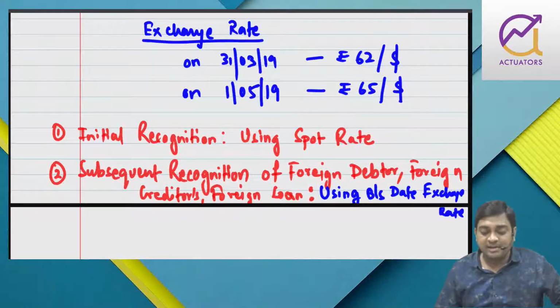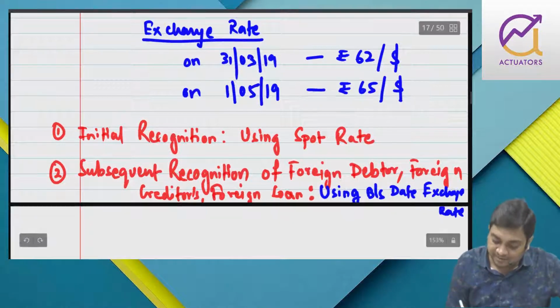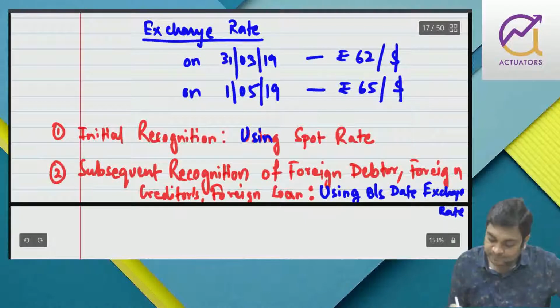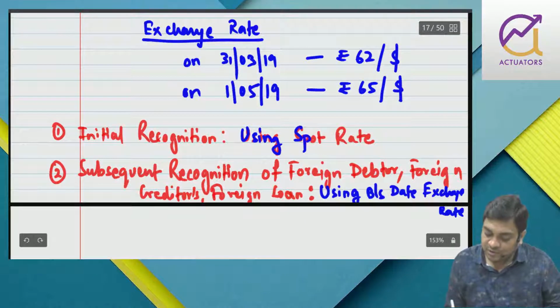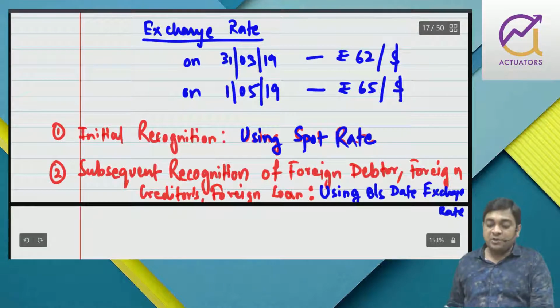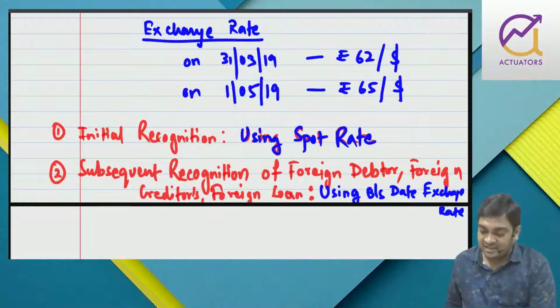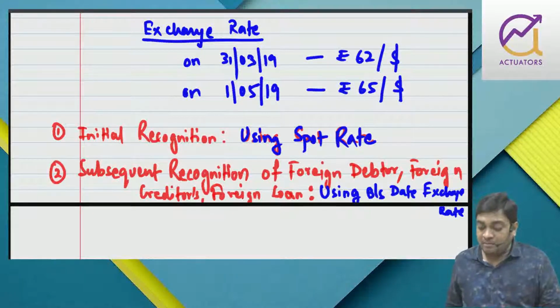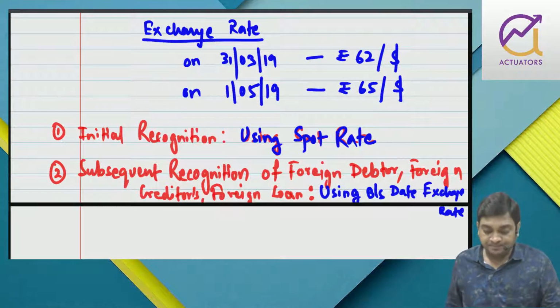So initially it will be recorded using today's spot rate on the date of transaction, and subsequent recognition of these foreign debtors, foreign creditors, foreign loan will be done using balance sheet date exchange rate.